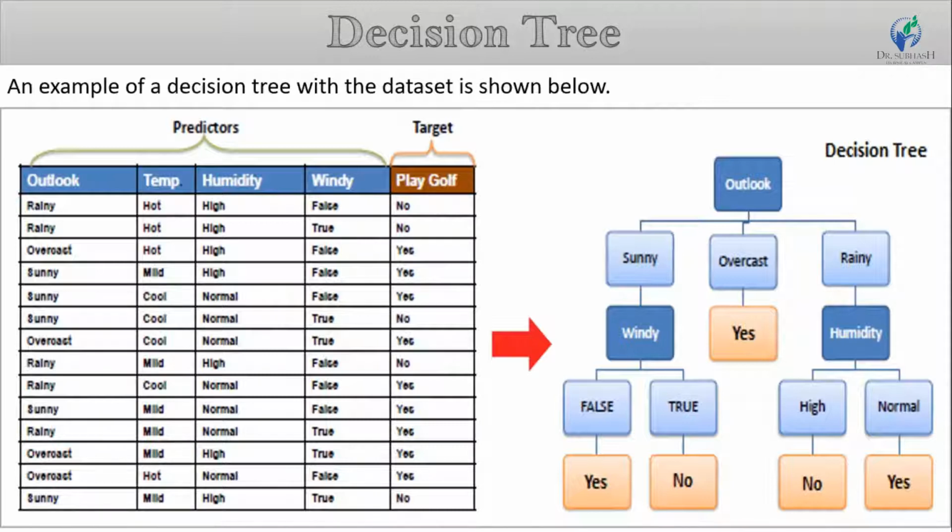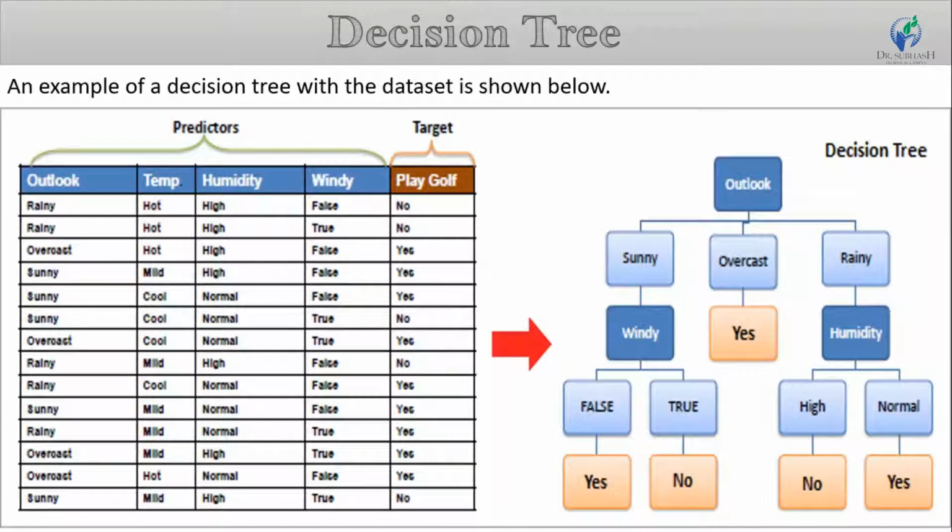The third label is humidity that includes high and normal characteristics. The fourth label is windy that includes false and true. And our target class asks, can we play golf? Yes or no.